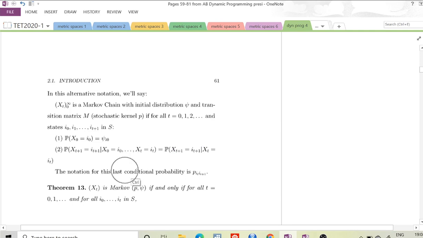So the notation in terms of our stochastic kernel for this conditional probability is exactly this: P_{i_t i_{t+1}}, where the state today is some realization i_t. Right.